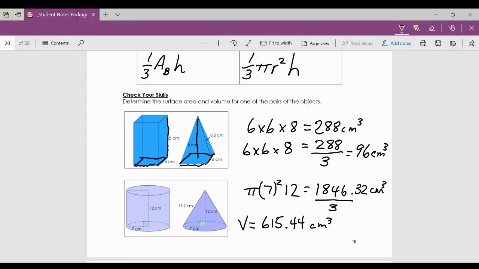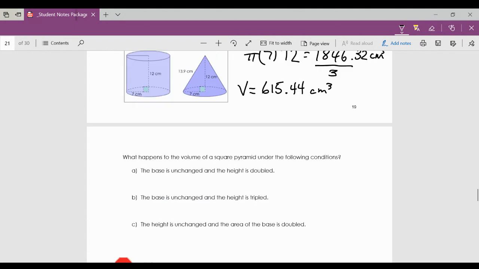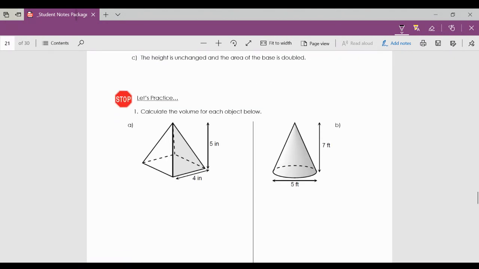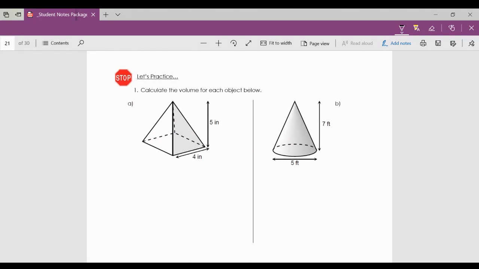Let's try a couple more. Let's practice. Calculate the volume of each object. In A, we have a square pyramid.